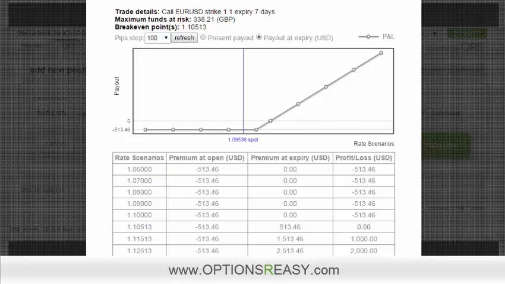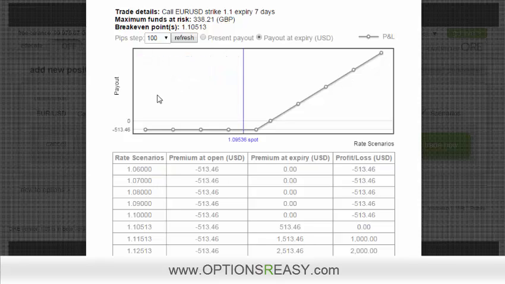Now when considering the option trade, you should look at the break-even point, your profit potential, and your risk. If you evaluate that the profit potential outweighs your risk, then it may be a good trade. But if the risk is higher than the profit, then it's not an ideal trade.